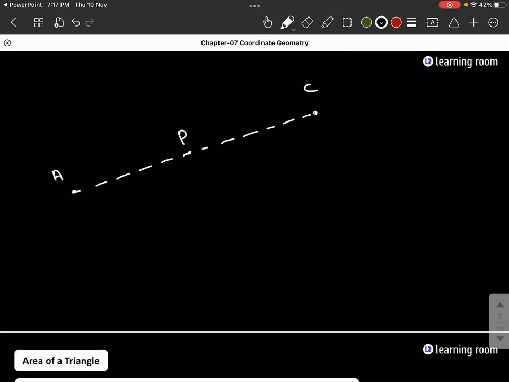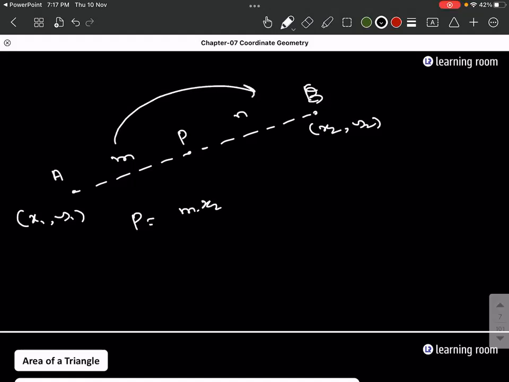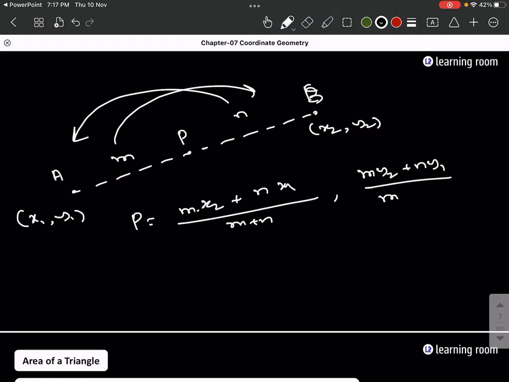If this point is x1 comma y1, if this is x2 comma y2, and the point P divides AB in the ratio M is to N, then point P is given as M into x2 plus N into x1 divided by M plus N, comma, M into y2 plus N into y1 divided by M plus N. Right?